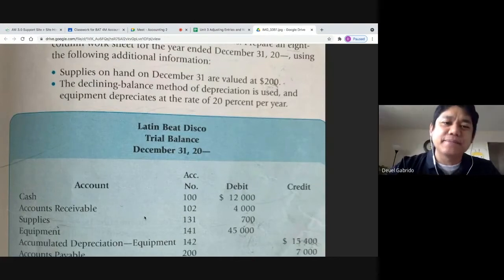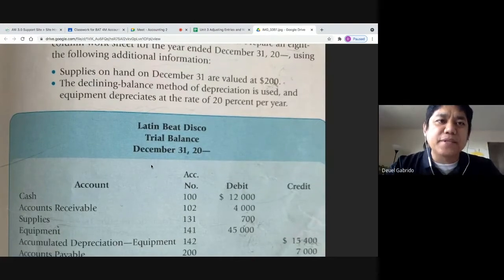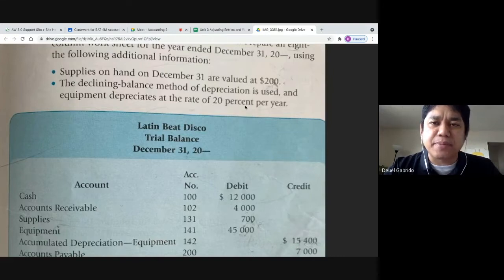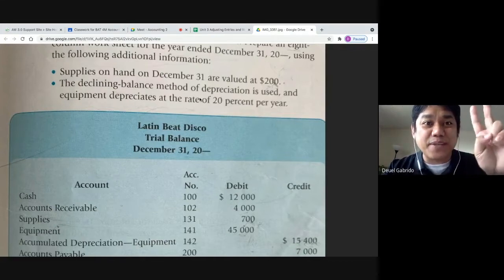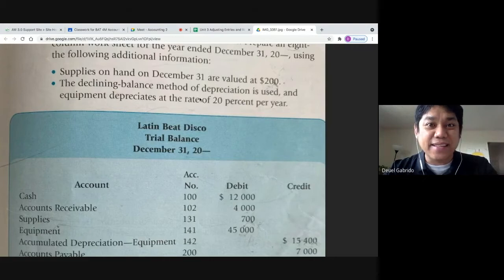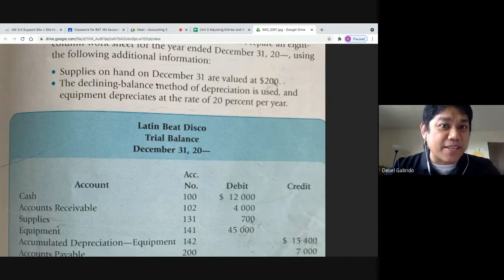Okay, very good. Number 2, look at the second adjustment. The declining balance method of depreciation is used, and the equipment depreciates at the rate of 20% per year. Guys, do you still remember the two methods of depreciation? The first one is straight line, and the second one is the declining balance method. That's part of our lesson last time, right?